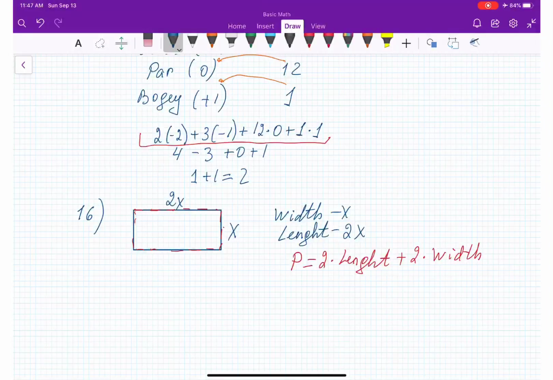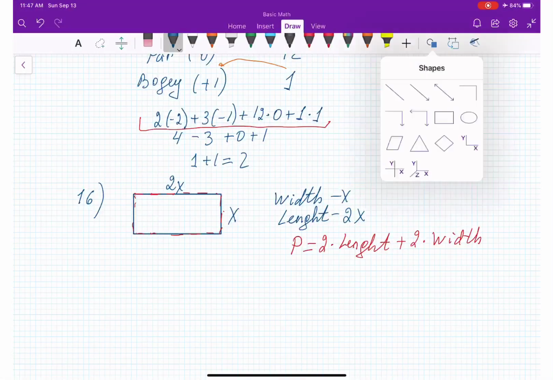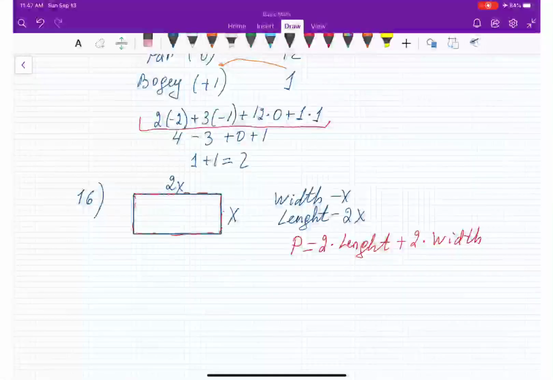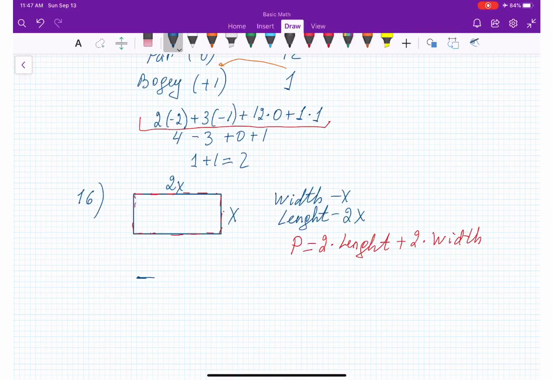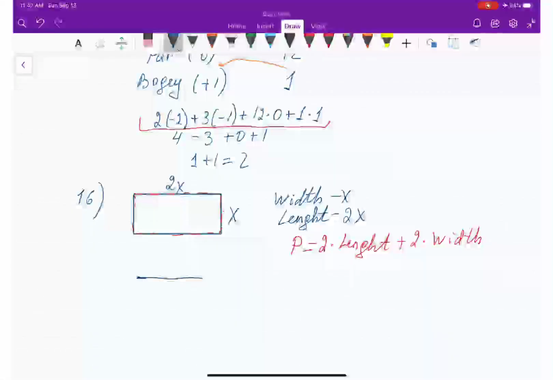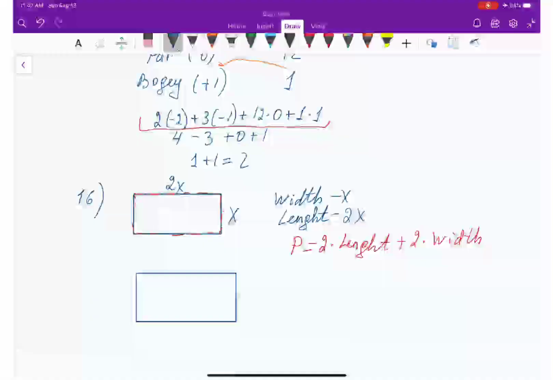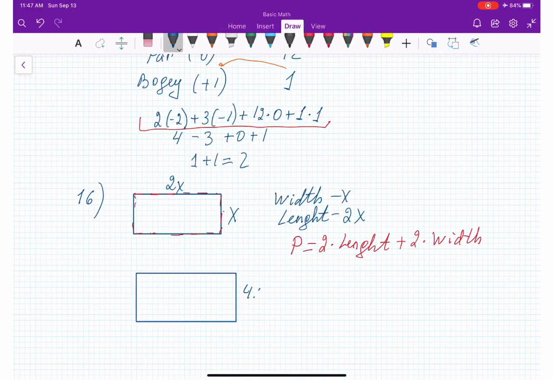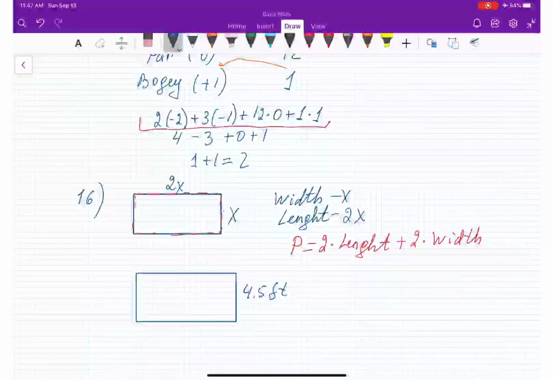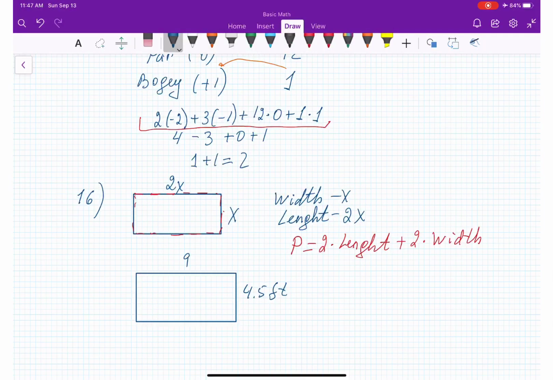It's asking what is the perimeter for the rectangle. I'll repeat the question one more time.